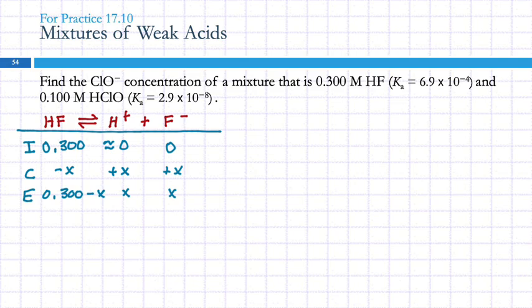And so my equilibrium constant for that is 6.9 times 10 to the minus 4, and that's going to equal my products times each other, so that gives me x squared divided by 0.300 minus x. X equals 0.01405.